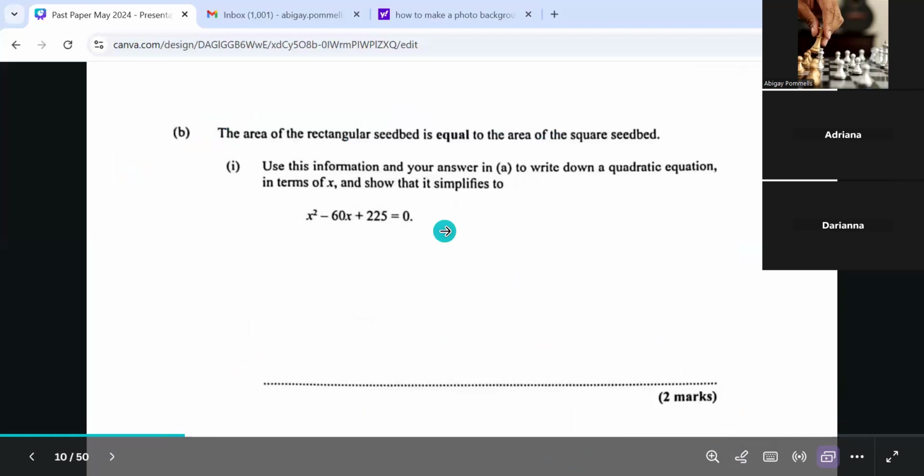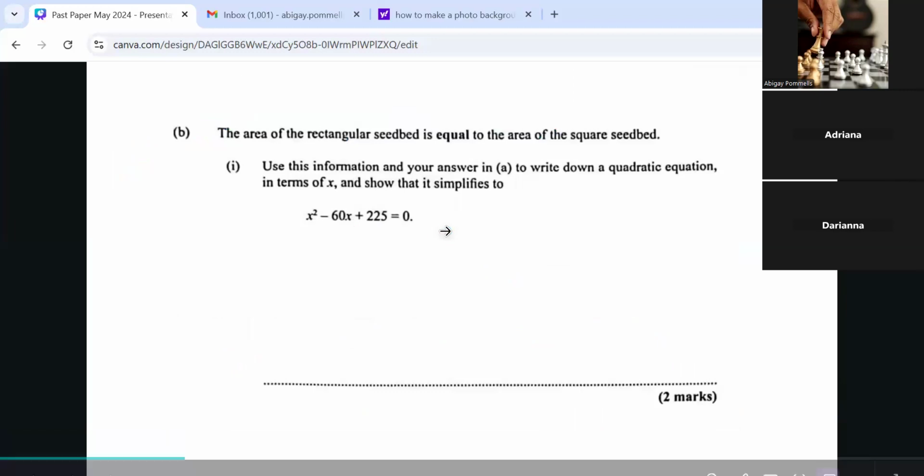All right, so B. We're still doing the rectangle. The area of the rectangle seedbed is equal to the area of the square seedbed.